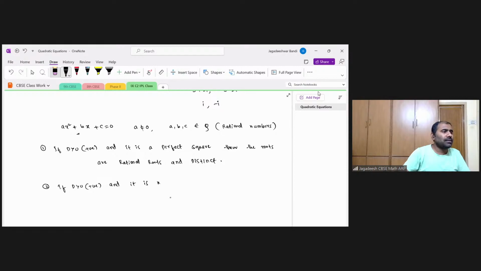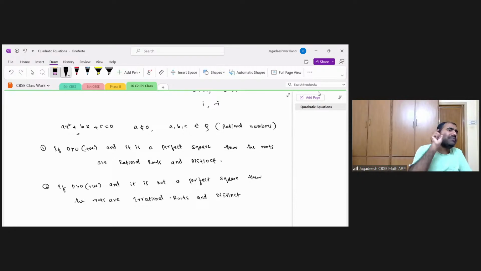So it is not a perfect square, then the roots are irrational roots. Of course, they are distinct. Greater than 0, no? So they are distinct. So irrational roots. Again, we have even studied what is irrational, which is not a perfect square.